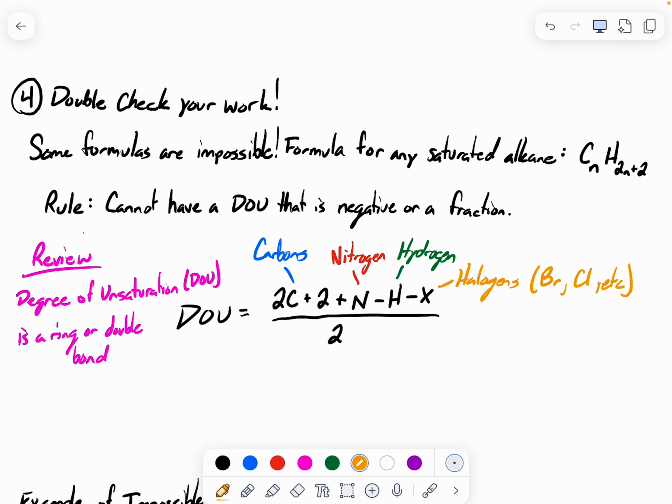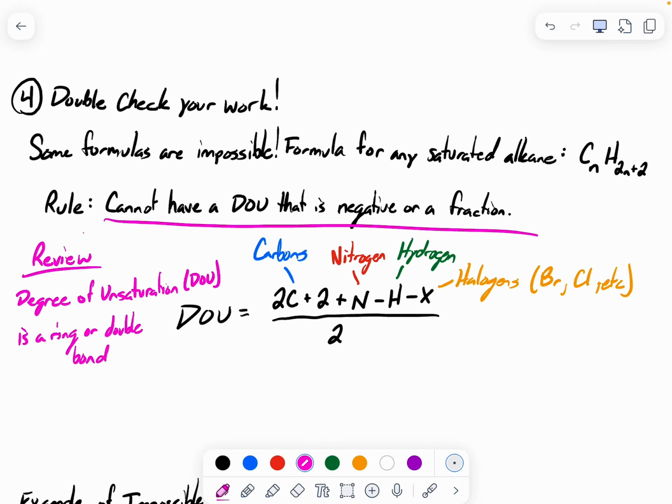All this is doing is making sure that we have a DOU that actually exists. The only important rules about DOU in this case are that you cannot have a DOU that is negative or a fraction. If you have that, you did something wrong or your estimation needs to change. Okay?